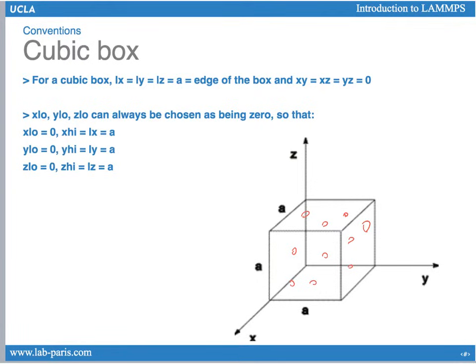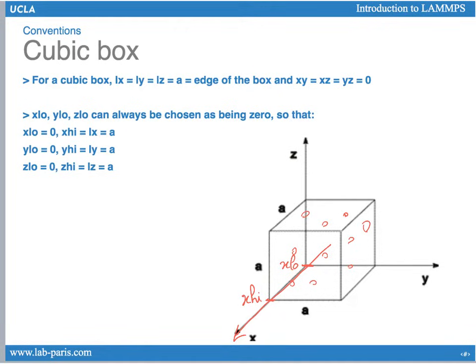To define this cubic box, LAMMPS will need, for each axis, X, Y, and Z, the location at which the box starts and the location at which the box ends. For example, on the X-axis, you will need to provide the position X low, which is the lower bound of the box on the X-axis, and the position X high, which is the higher bound of the cubic box on the X-axis.